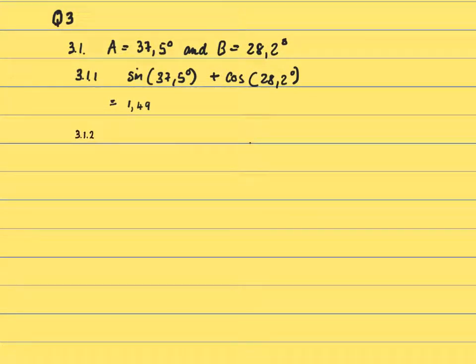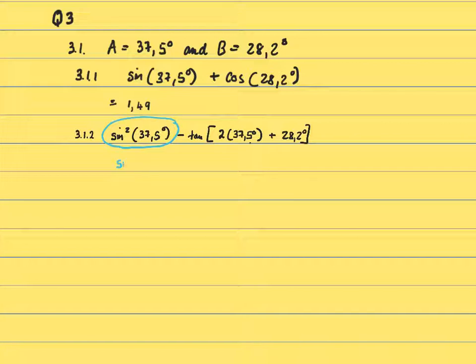3.1.2 says to you they want the sine squared of A, which is 37,5, minus the tan, and I'm going to use a square bracket here because it's 2 times A, which is 37,5 degrees, plus B, which is 28,2 degrees. Now the only difficult part here is what am I going to do with this? That's easy enough to do.